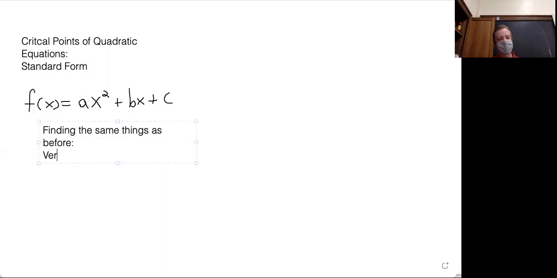We're still going to be finding the vertex. We will still find the axis of symmetry. And we'll still be finding the y-intercept. We will also be determining if the vertex is a minimum or a maximum.